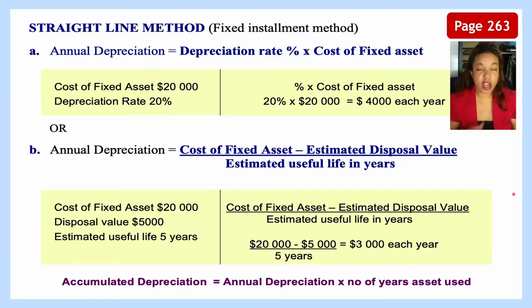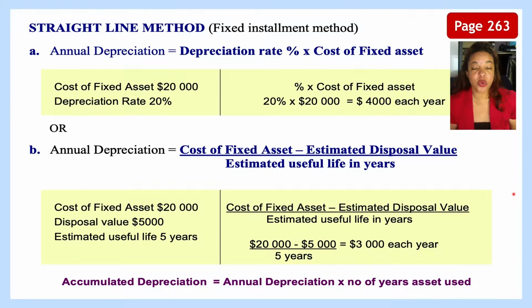If, however, you do not see a percentage, instead they give you information like the cost of the fixed asset, the estimated disposal value, which is the amount that you will get eventually after you have used the non-current asset. It has come to the end of its useful life for you, the business. After that, you may be able to sell it and get some money, scrap it and get some money, or you will get nothing for it because it is of no value. But that is an estimate that will be taken into account when you are calculating your annual depreciation.